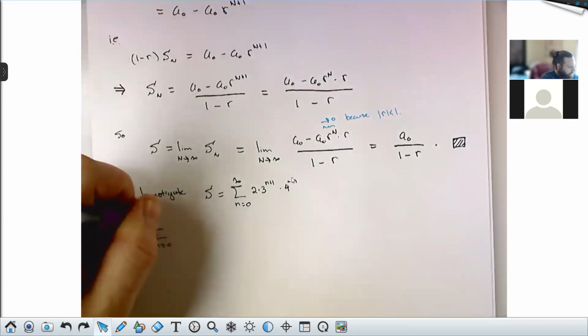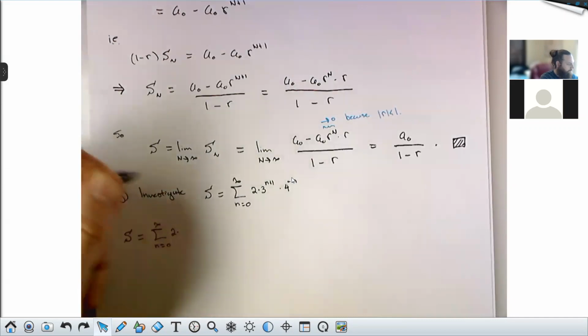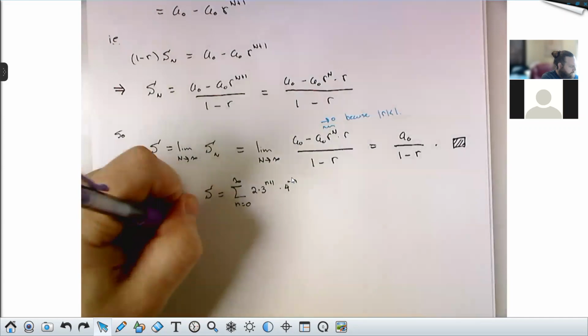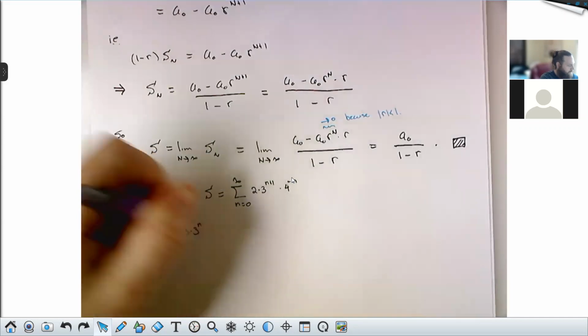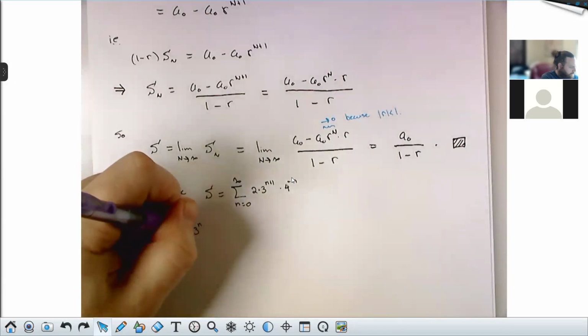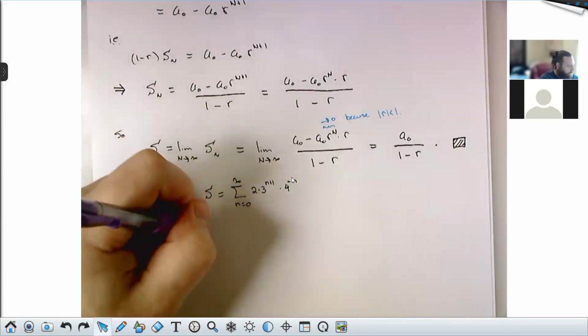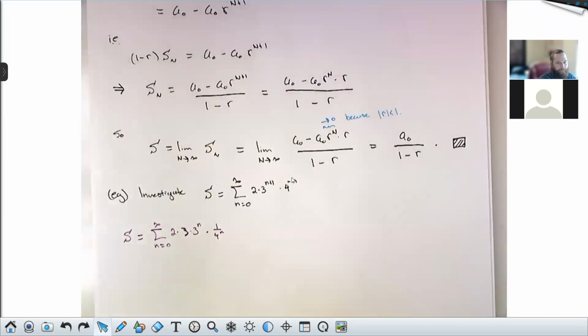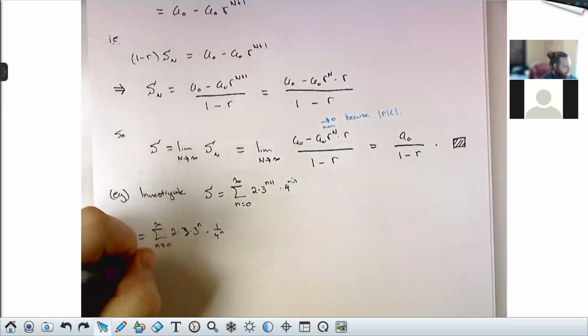Sigma n from 0 to infinity, 2 times... let's start with the 3 to the n plus 1. 3 to the n plus 1 is 3 times 3 to the n. And then 4 to the negative n is the same as 1 over 4 to the n. So this is the same as the sum from n equals 0 to infinity of 2 times 3.